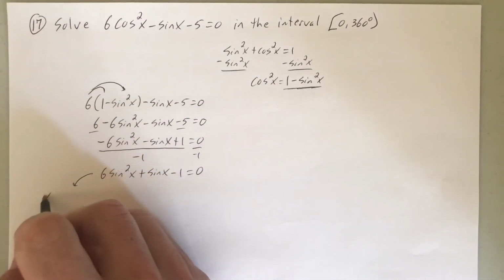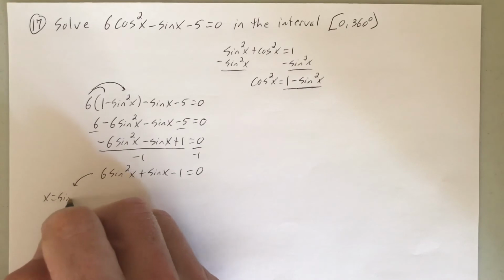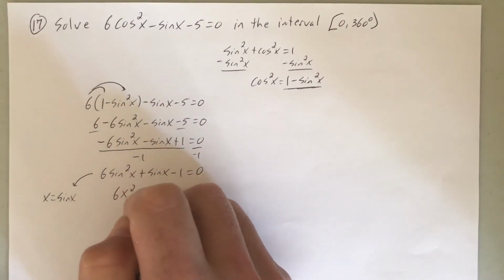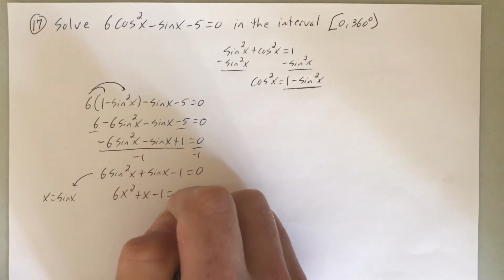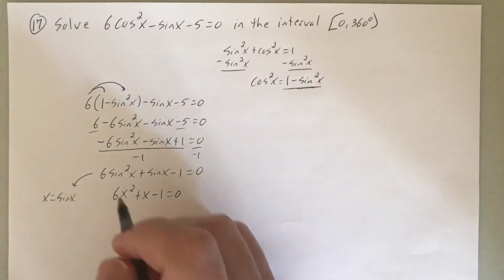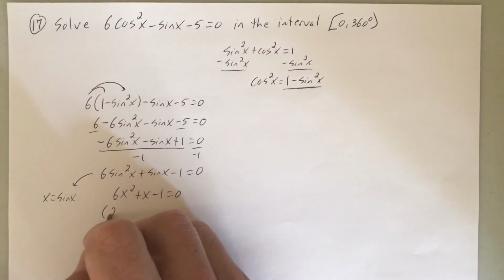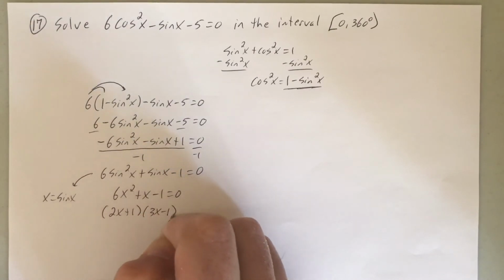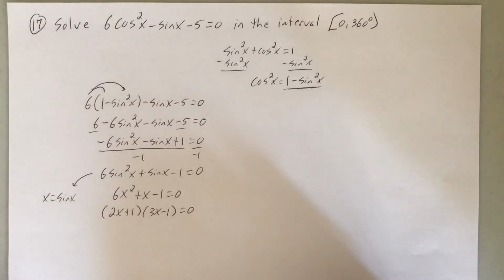I'm going to say that x is equal to sine x. And then that would give me the quadratic 6x squared plus x minus 1 is equal to 0. So we can go ahead and factor from here. And that would give us 2x plus 1 times 3x minus 1 is equal to 0.